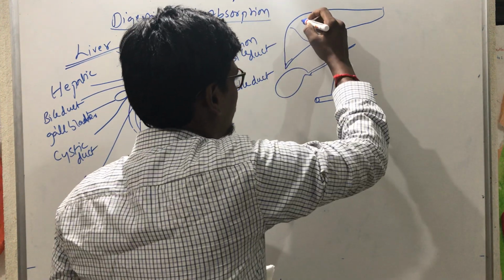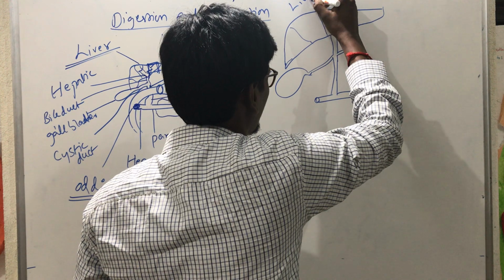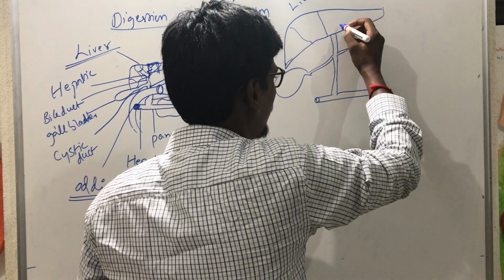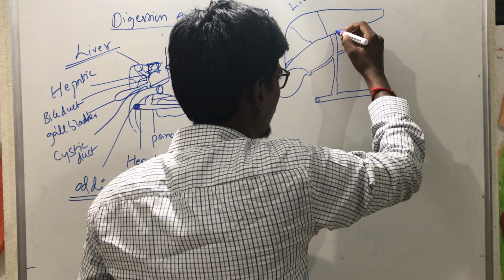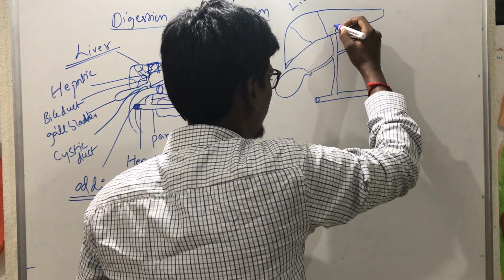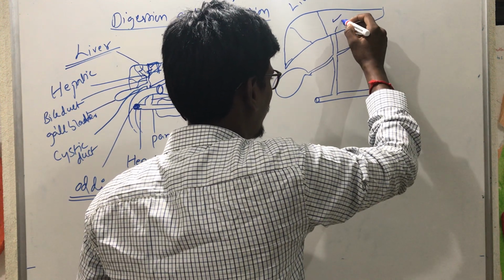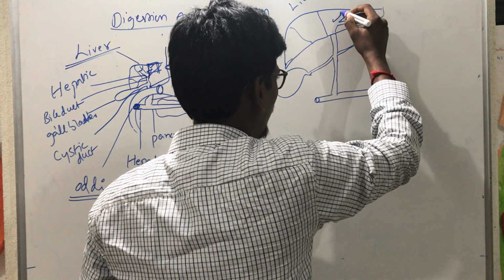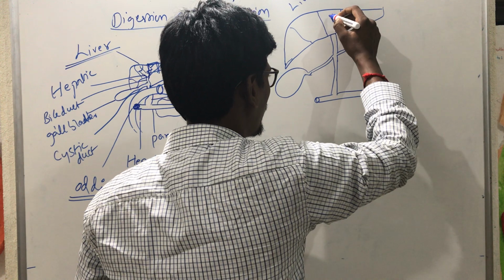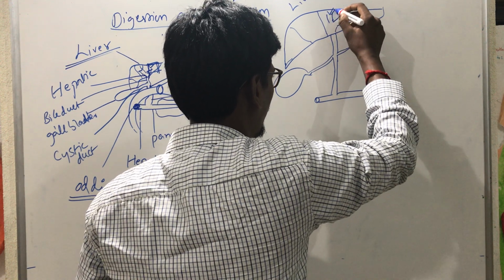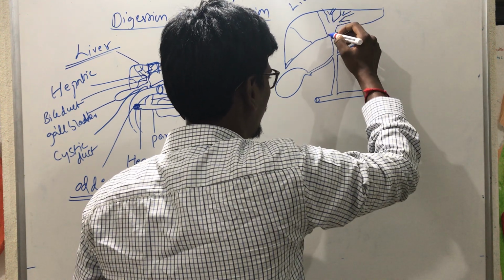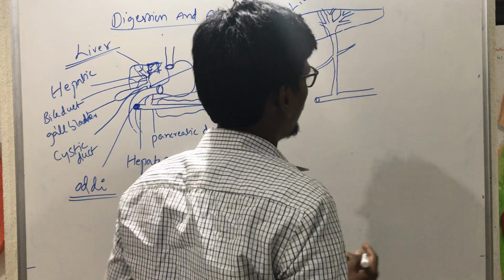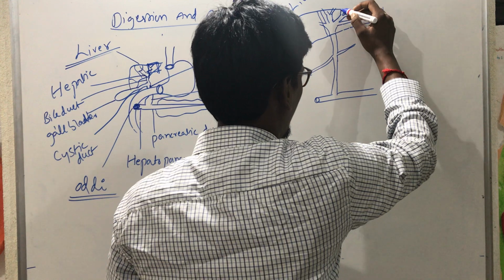Okay, this is the liver. It has many lobules. The duct is divided into different types of ducts.